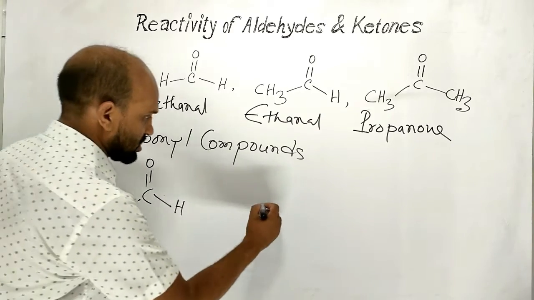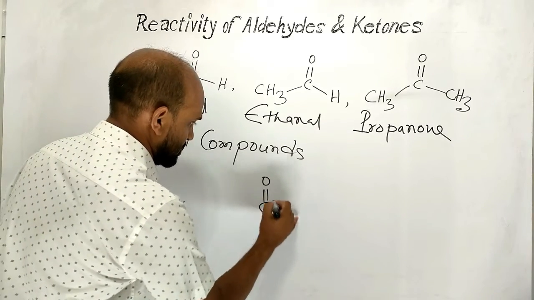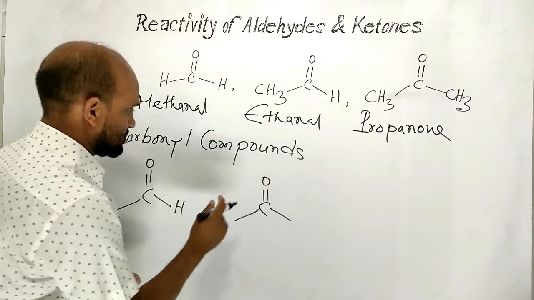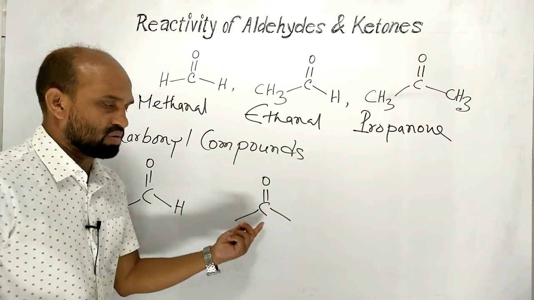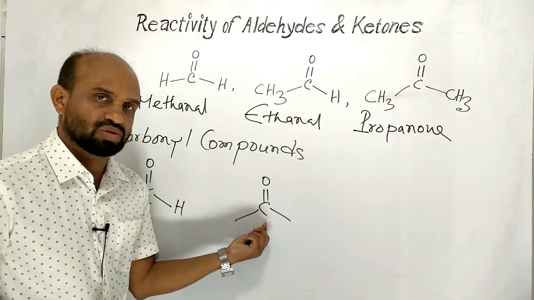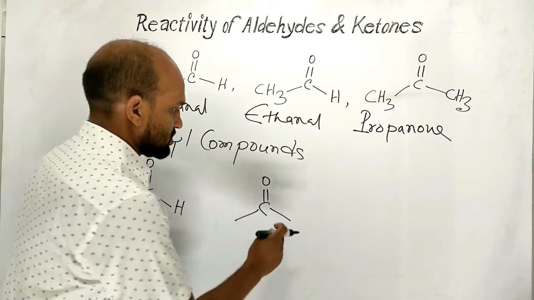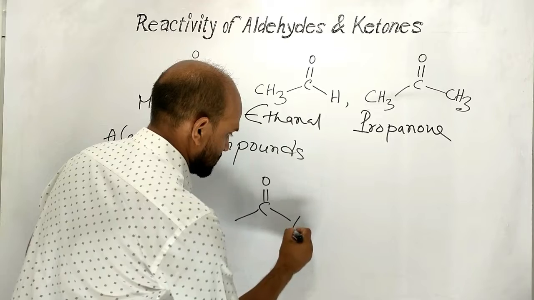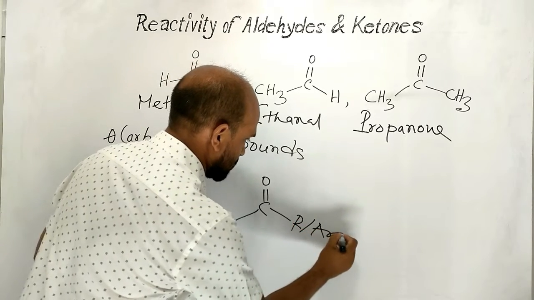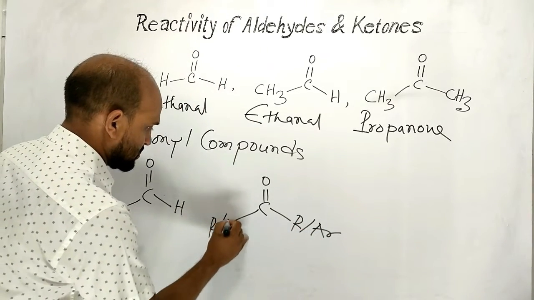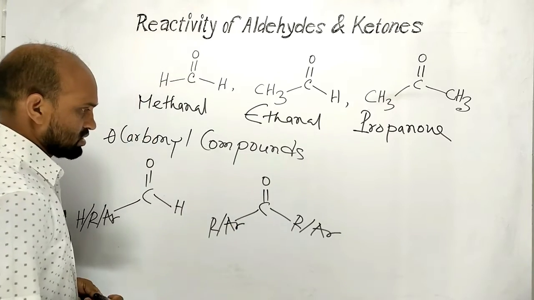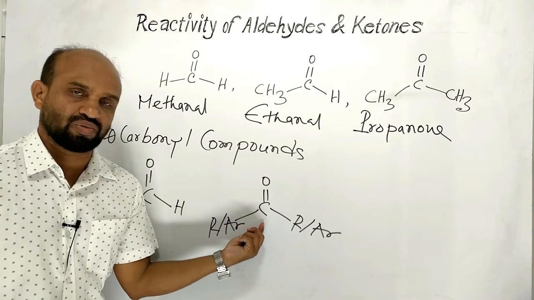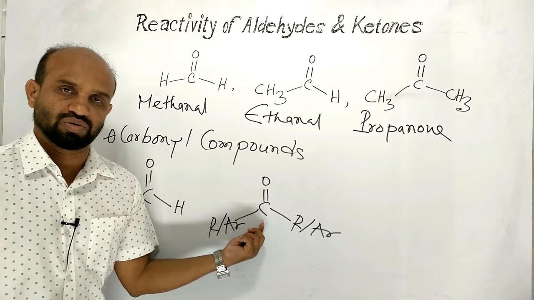Let's see what are ketones. This is the functional group of ketones. When these two hands are satisfied with alkyl group or aryl group, then the compounds formed will be ketones.